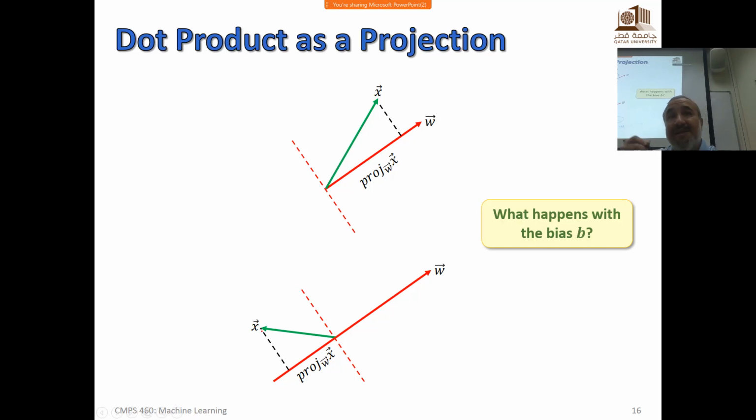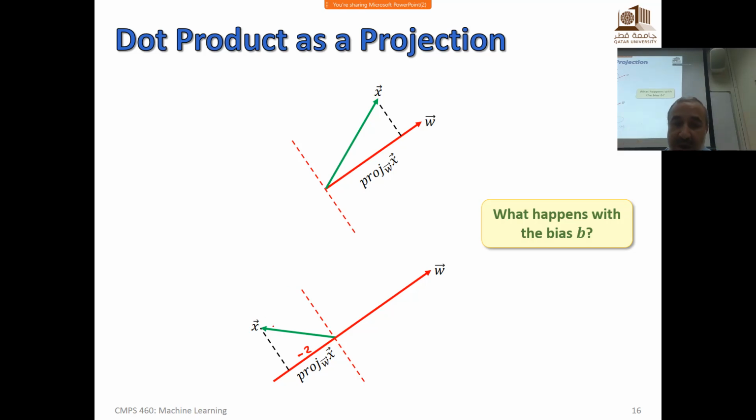If the bias is positive, let's say that this projection is -2, okay? And the bias is 3. That means that the projection plus the bias now is positive, which means that it should be predicted as positive. So the positive bias is allowing more space for positive examples.